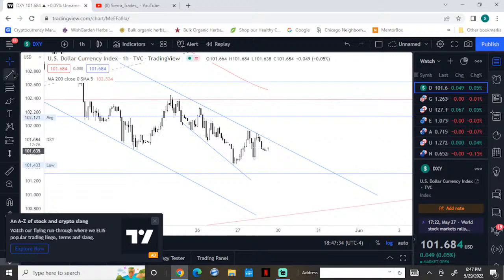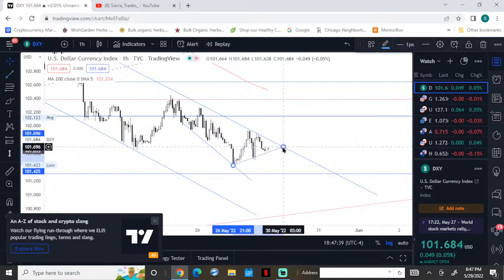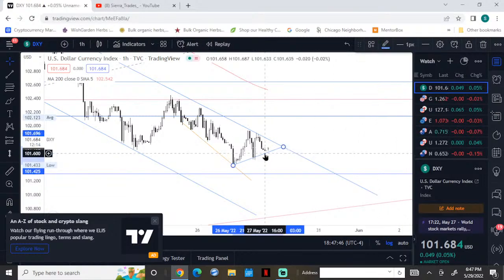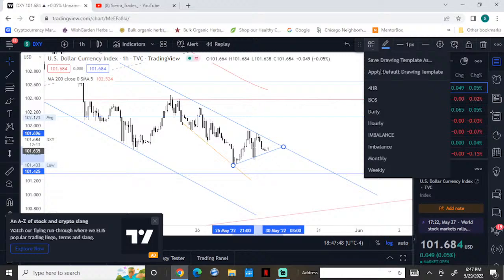And this trend line right here, let me change this color before I mess myself up and think that's a 4-hour. What we got? Hourly. Hourly.